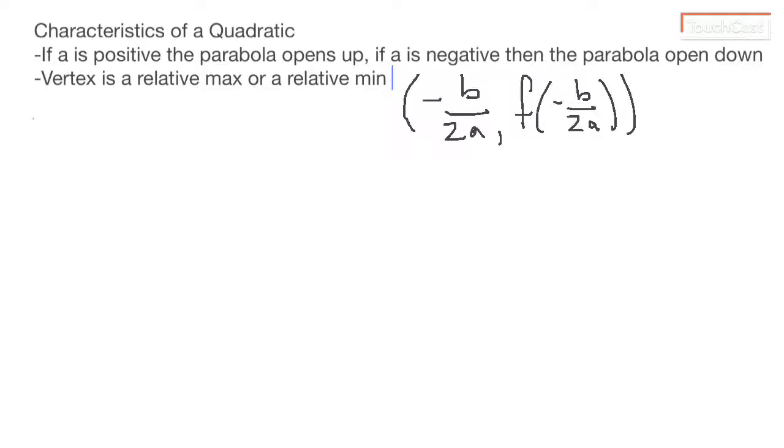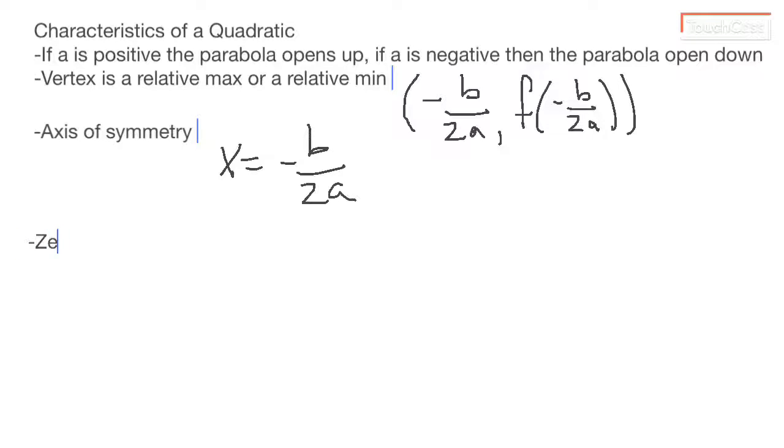Now, parabolas or quadratics also have this thing called an axis of symmetry. It's an equation where we write it as x equals negative b over 2a. And then we can also find zeros for the function, values that x can equal when y is 0.